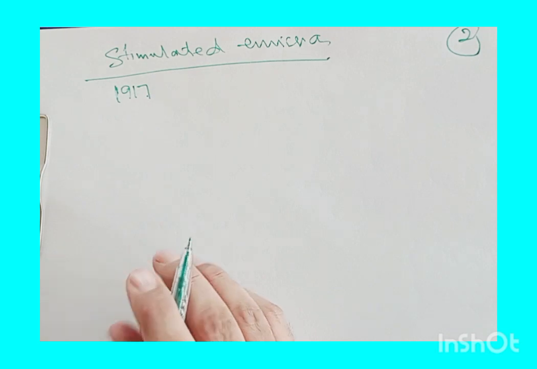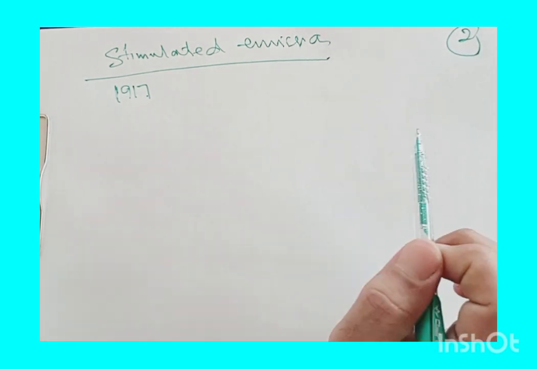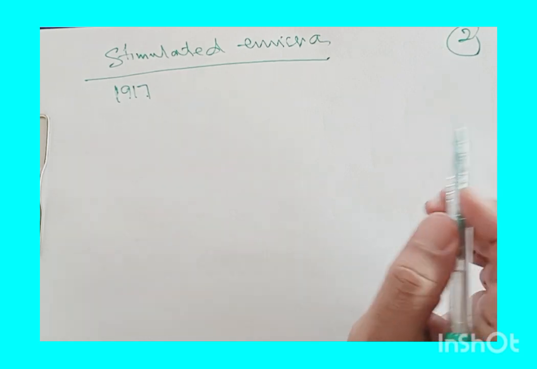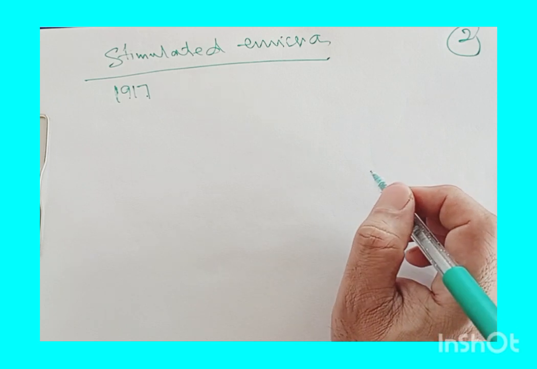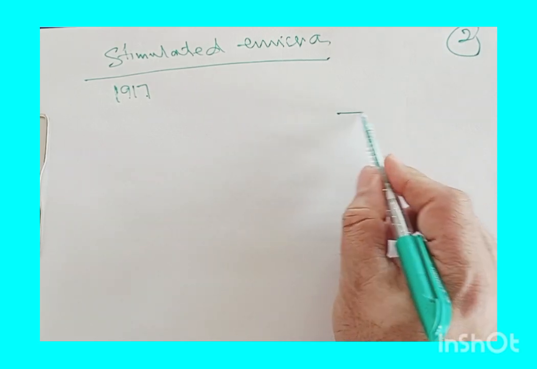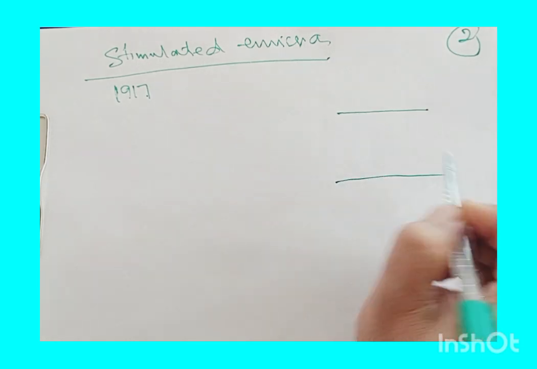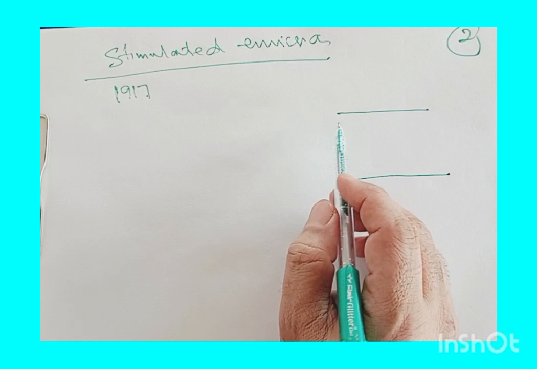And what he proposed is that in addition to the spontaneous emission that we have discussed, there could be another type of emission, and that emission is known as stimulated emission. Now, we have two states of atoms. Suppose there is an excited atom.